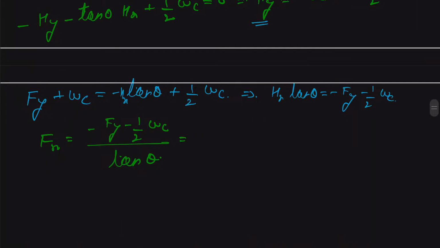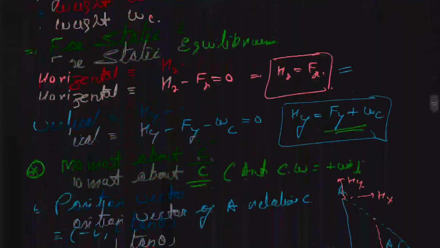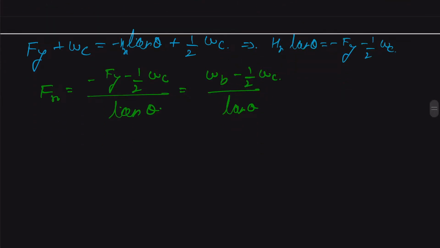So we get this as our tangent of theta, and it will be coming as our F of Y was minus W of B. So minus minus plus, so this will be W of B minus 1 by 2 W of C, and we can just solve it further if required.